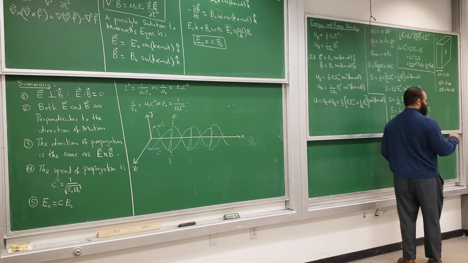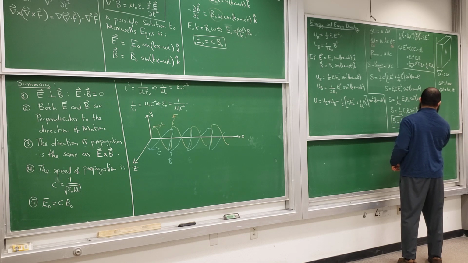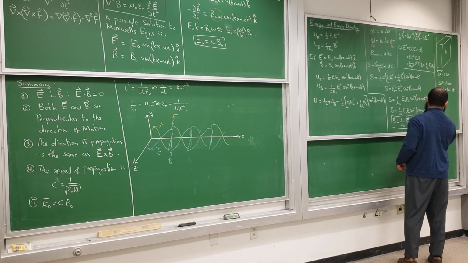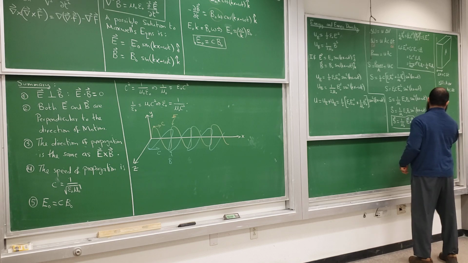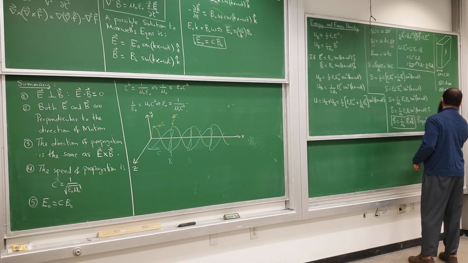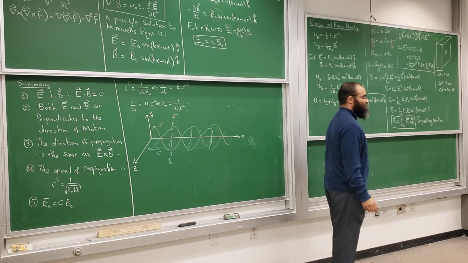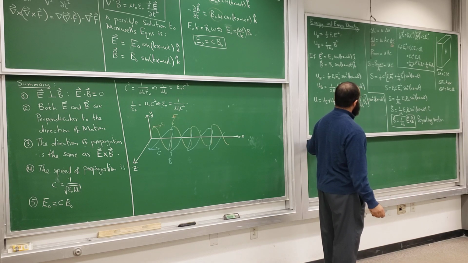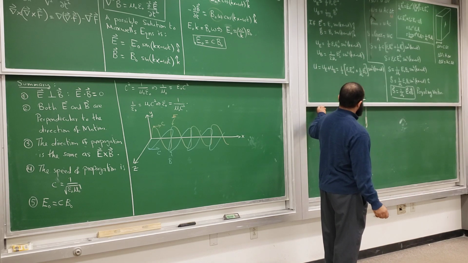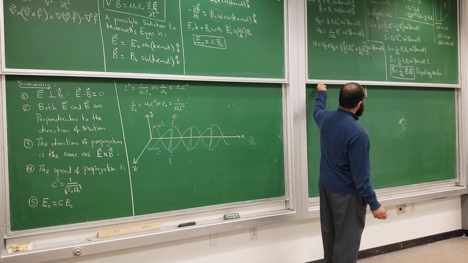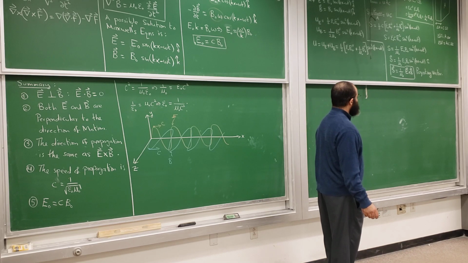Not pointing like a point, but with a Y. It's somebody's name. So this is the Poynting vector.